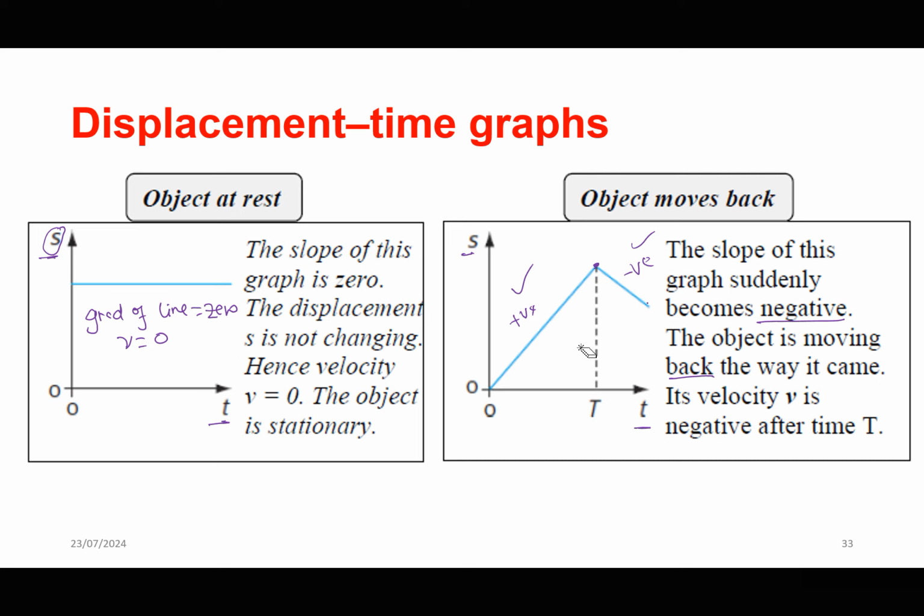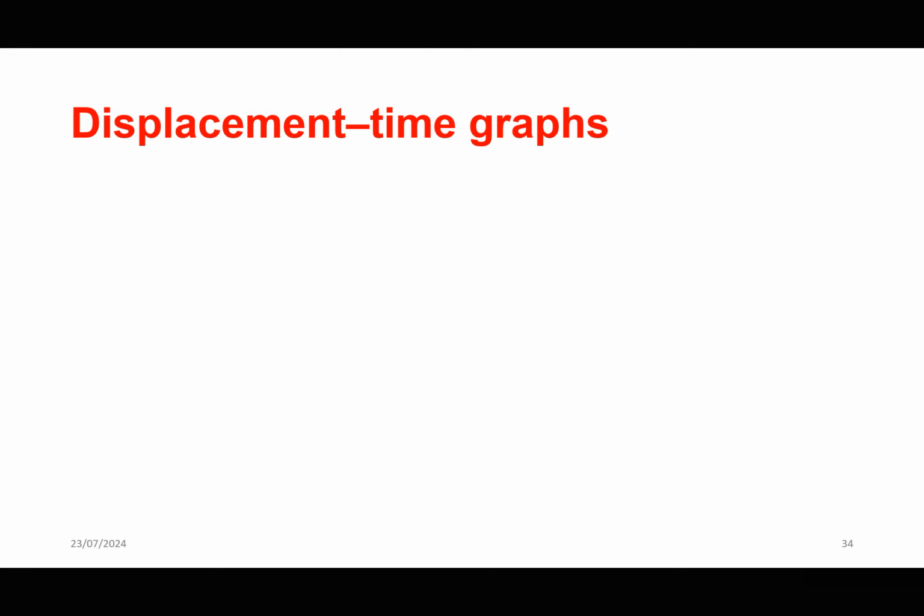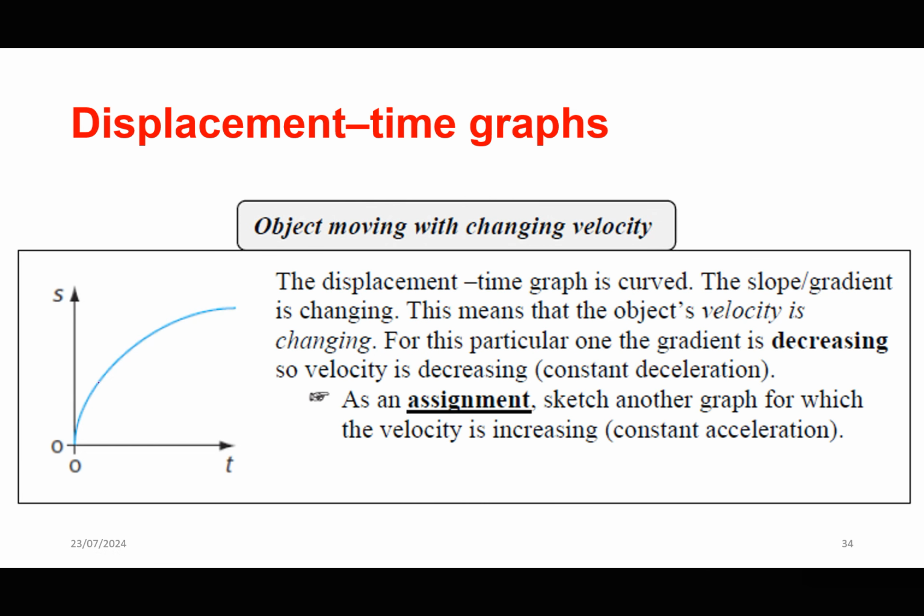Let's see a situation where we don't have a straight line. Suppose we have a curve like this one here. But we notice that this curve is becoming horizontal. And remember, the gradient of a displacement time graph is the velocity. When the curve is becoming horizontal, the gradient of a horizontal line is 0.